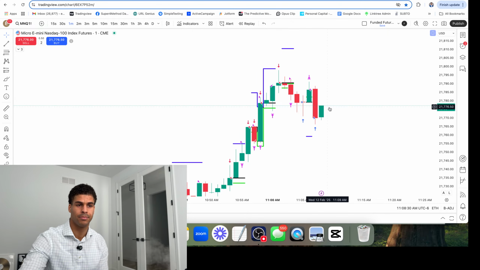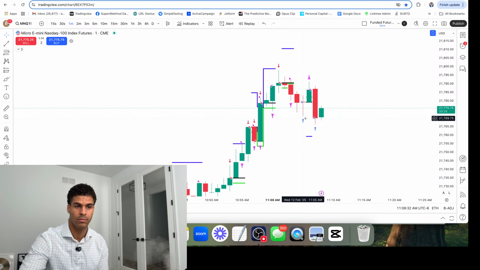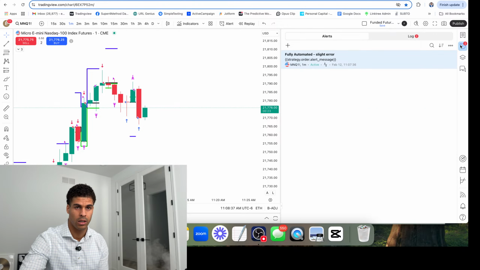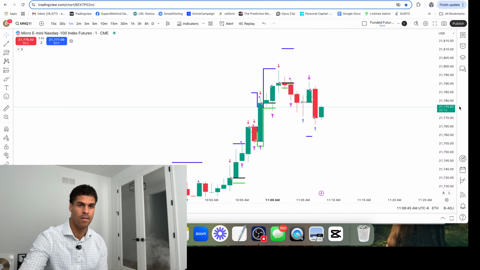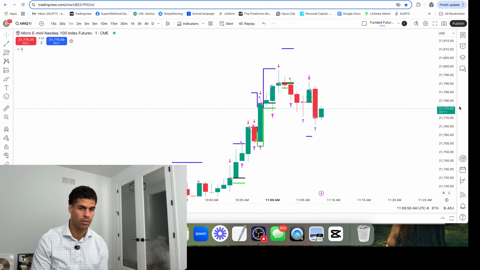Solid trade, though. 6 points. 5 point. Yeah, we'd be out of this trade, I think. Close to it. Okay, so a little bug there. We'll have to just give this thing hundreds of trades to see kind of what the deal is.